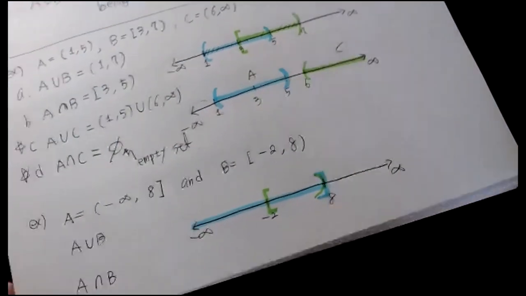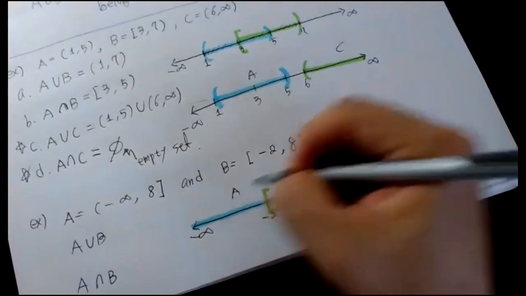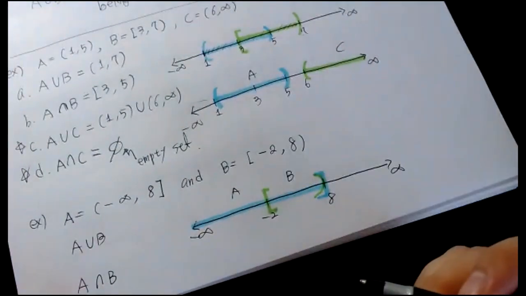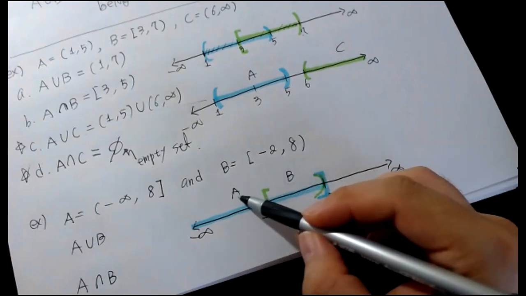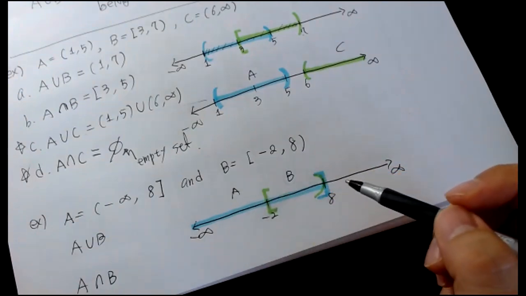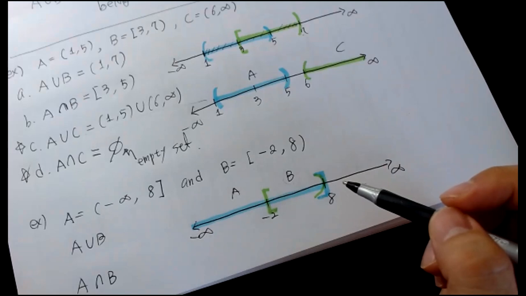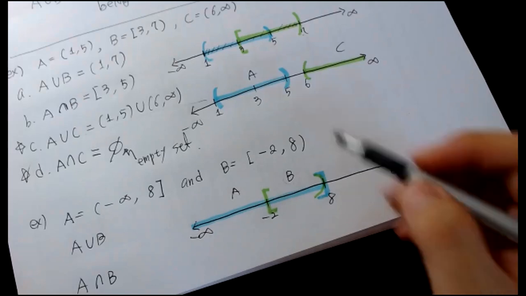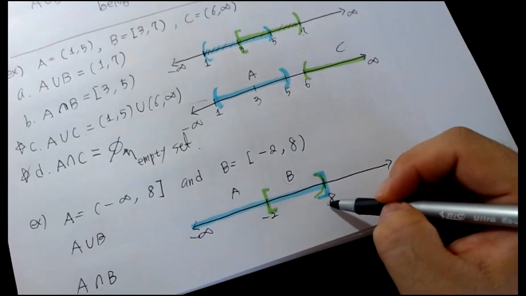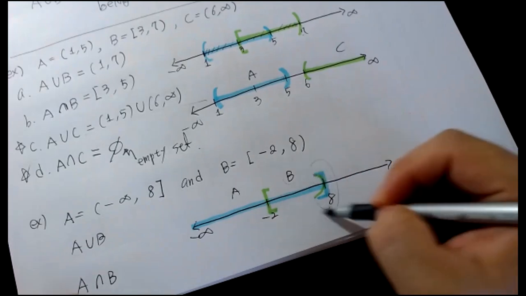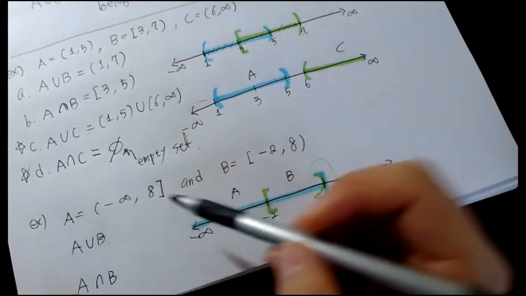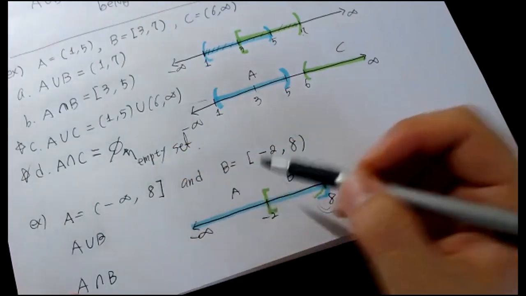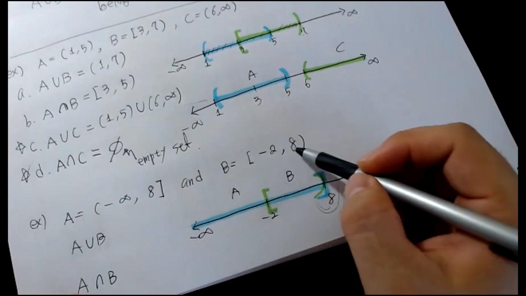So let's say this is A, this is B. What's A union B? Can you say that set B belongs to set A completely? You may say that, but you have to look carefully at this. Set A includes the right endpoint 8, but set B does not include the right endpoint 8.